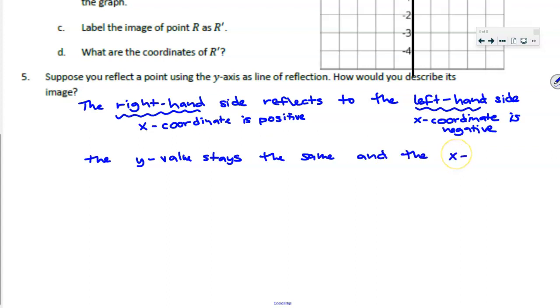And the x value, or I should say the x-coordinate, is what goes to its opposite. These are the rules that you will learn about transformations next year. Right now, this is just kind of an idea or a concept, but you guys already have a solid understanding of these rules so far.